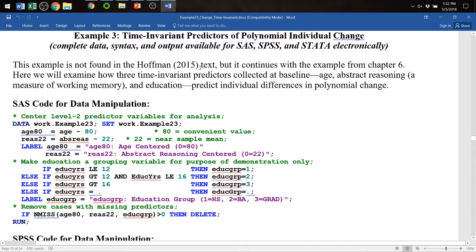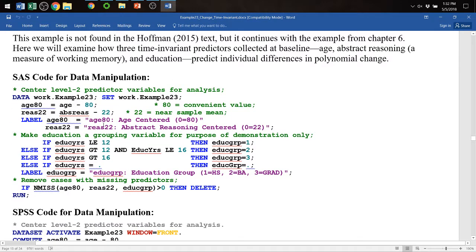So we're working with the same data here. Response time over 6 sessions, looking to see what predicts individual differences in rates of improvement in this task. And I have 3 candidate predictors, each of which is time invariant. So this study took place over a 2-week period, so I have their age as collected at the beginning here. This is a sample of older adults, and so I've centered age such that the reference person is 80 years.